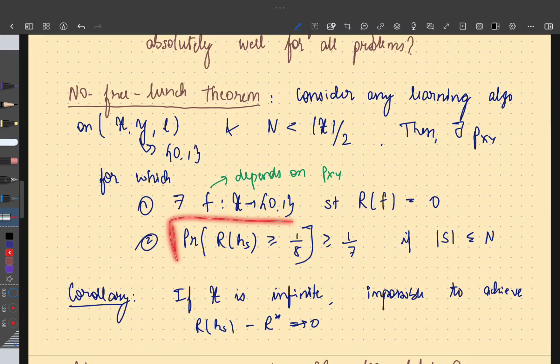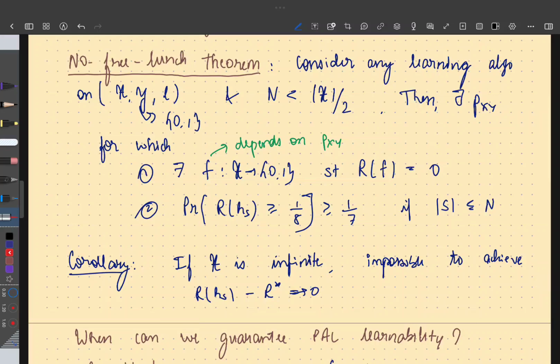No matter which learning algorithm you take, with probability bounded away from 0, the risk is going to be at least some positive constant. So there is no hope of achieving an arbitrarily small epsilon delta error.